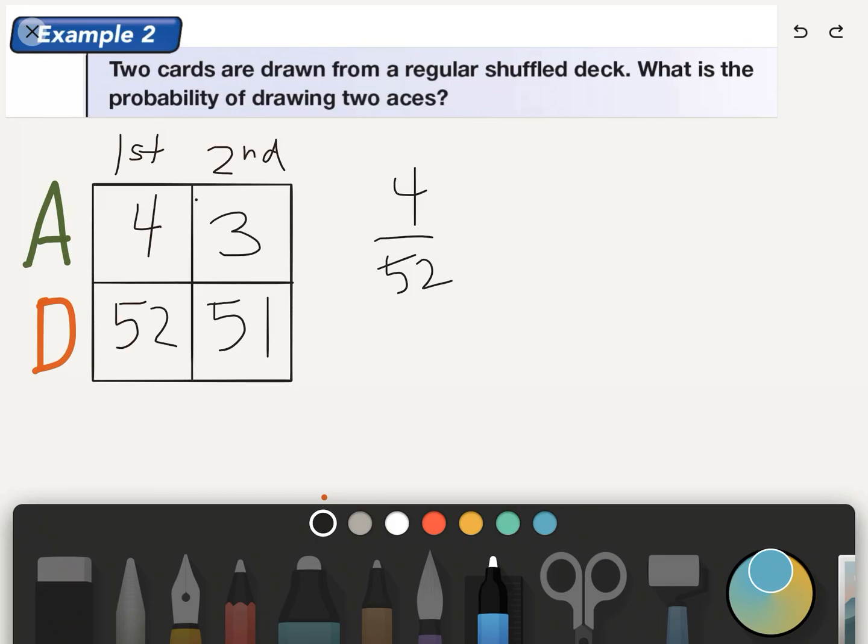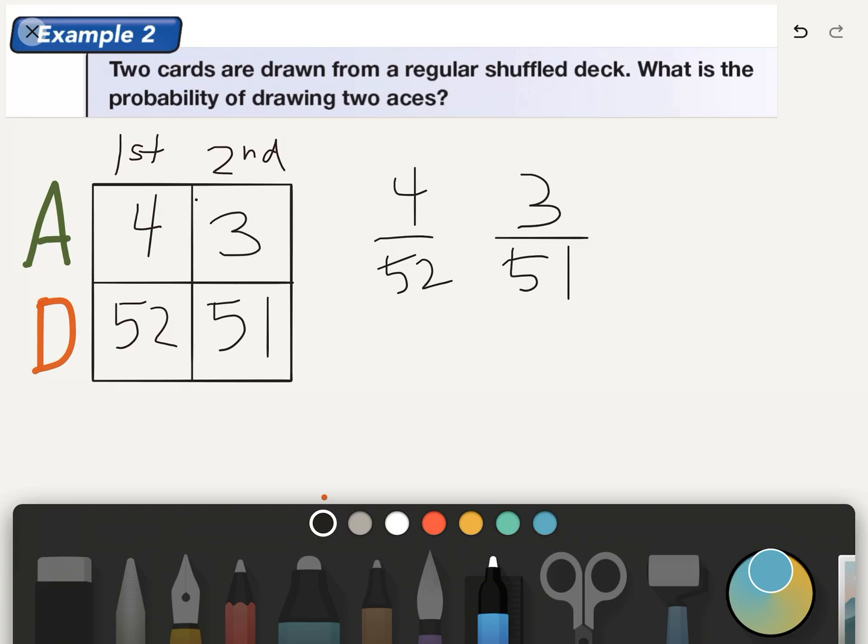Why on earth did I do that? Of 3 in 51. But you know, who wants to deal with numbers like this when you don't have to?